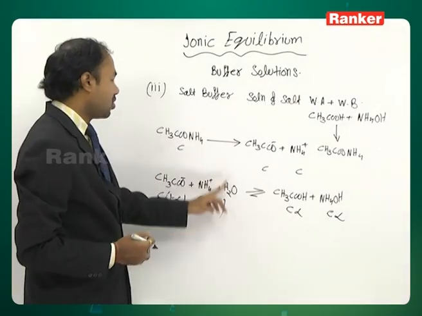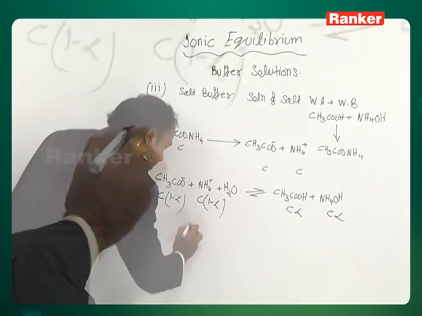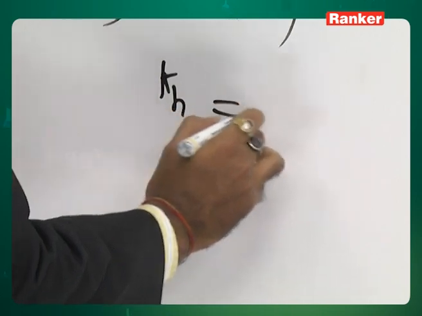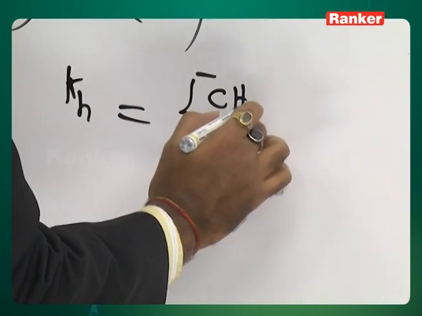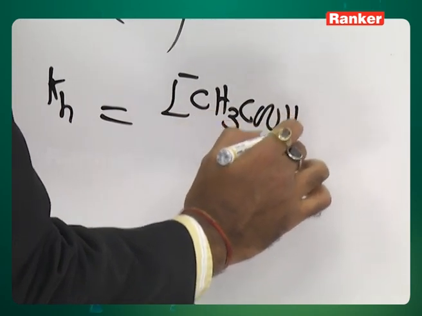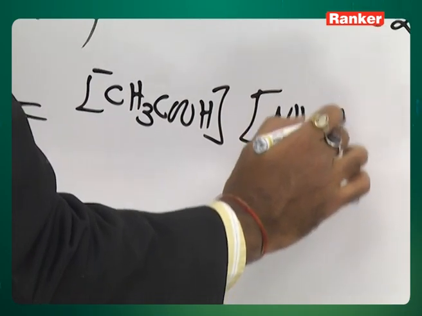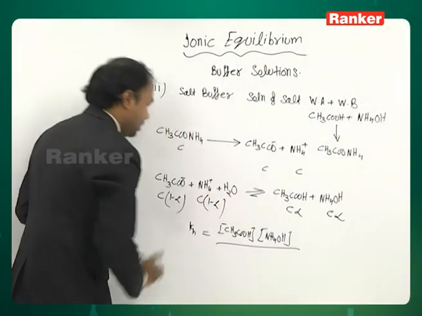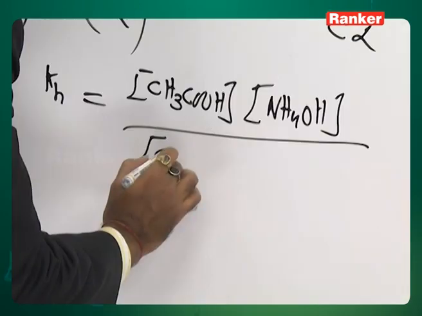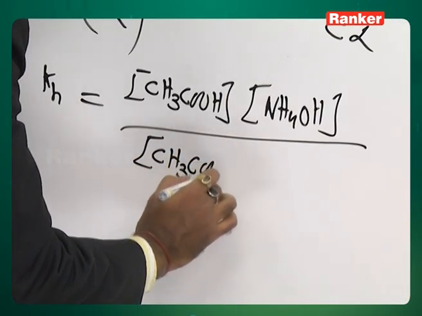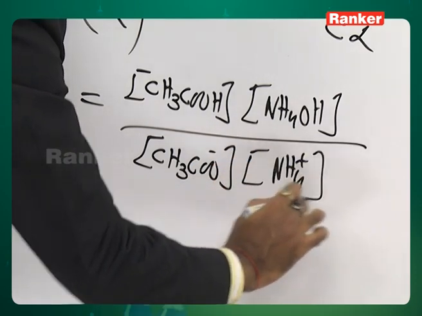Now we get equilibrium constant for this, which will be called KH, and KH will be equal to concentration of acetic acid into concentration of ammonium hydroxide upon concentration of acetate ion, CH3COO minus, into concentration of ammonium ion.